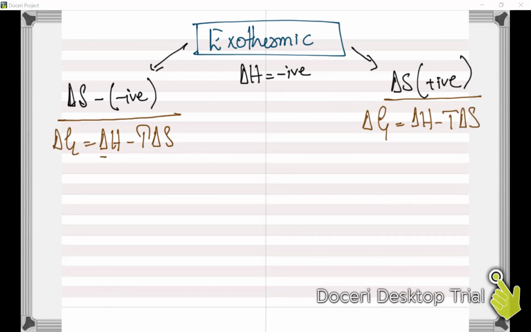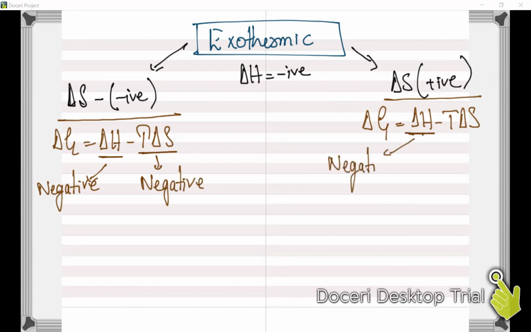Now the possibility is this is maybe negative, or this one is negative. Here the possibility is that this one is negative and this one is positive.